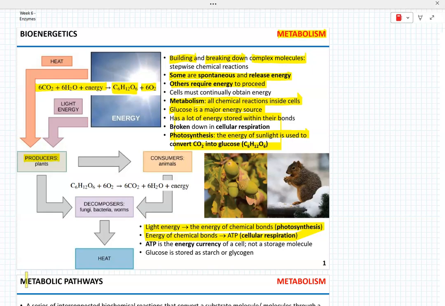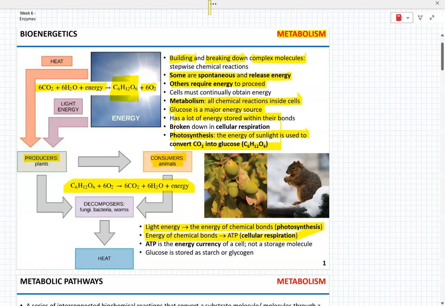In the process of photosynthesis, as we mentioned, the energy of light is converted into chemical energy of bonds within the molecule of glucose. Consumers, animals, consume producers or other animals and use glucose that was synthesized by producers to generate energy in the process of cellular respiration.